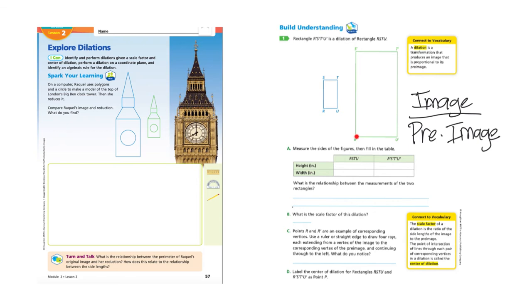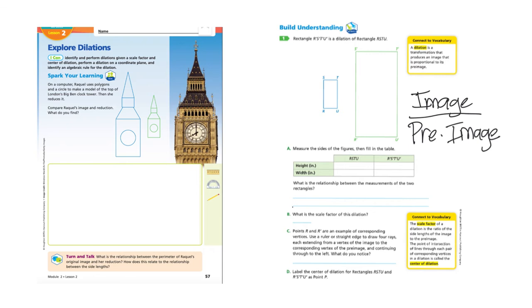You're going to go from here, you're going to draw a line or ray, and it would extend out. And then U prime to U, you would actually use a straight edge because I'm not going perfectly straight. But that's what you'll do for each of these points on the image. You'll find the corresponding vertex on the pre-image and draw a line.